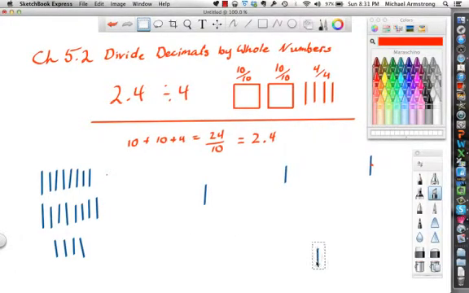You can kind of see that I've got 1, 2, 3, 4 groups, and I'm just going to keep splitting them apart. 1 for you, and so on. I'll try to go really fast. Now there's 2 in those groups, and we're just going to divide them into 4 groups. I think that's going to make sense for you.